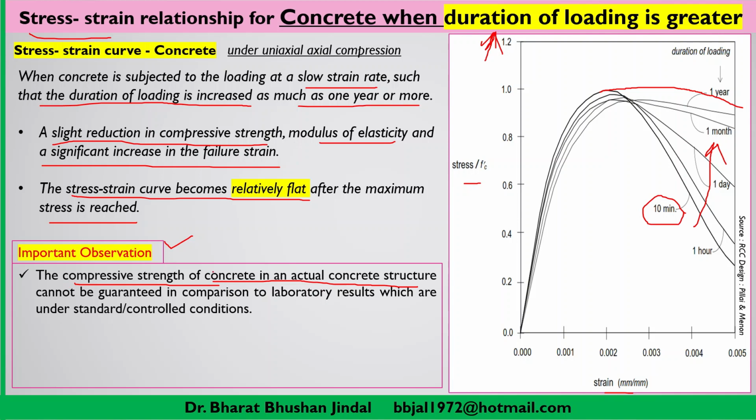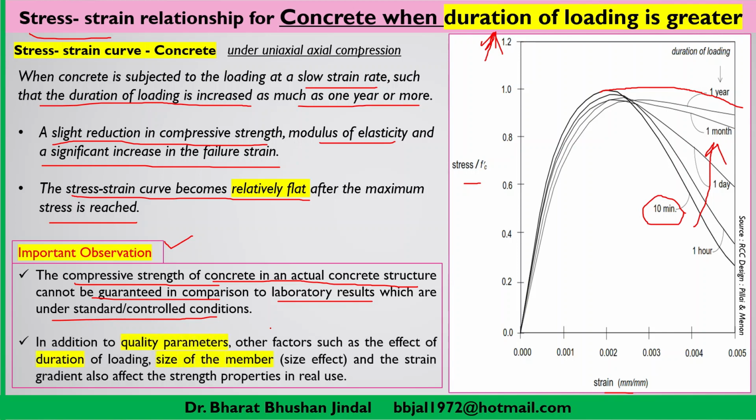So we can say the compressive strength of concrete in an actual concrete structure cannot be granted in comparison to laboratory results, which are under standard and controlled conditions. That means we have to make some alteration to the compressive strength which you have collected in the laboratory.